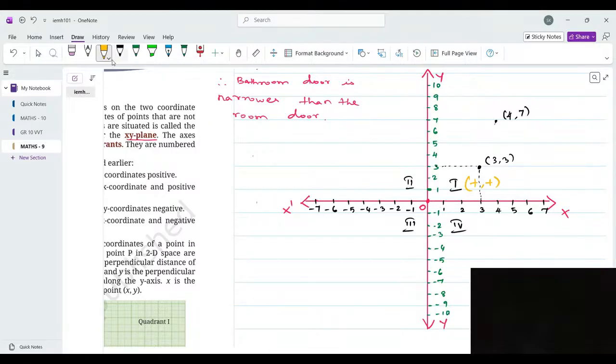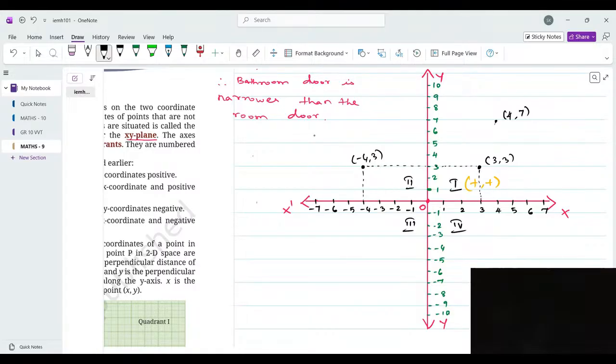Now, let me pick a point from the second quadrant. Let me consider this coordinate. It is the intersection of -4 from x and positive 3 from y, so it is (-4, 3). Any point is represented with the x coordinate first, then the y coordinate.